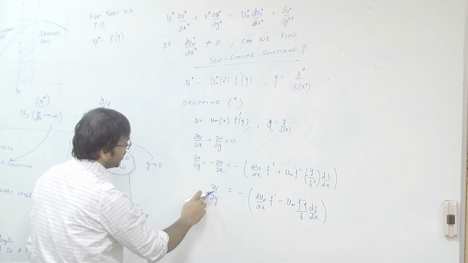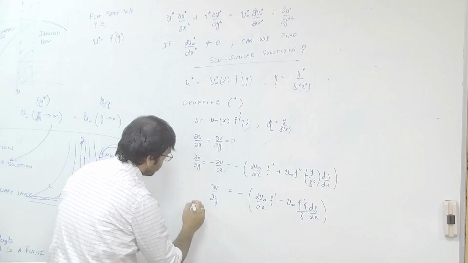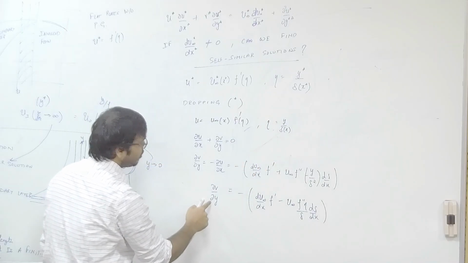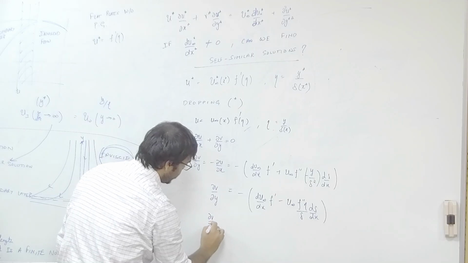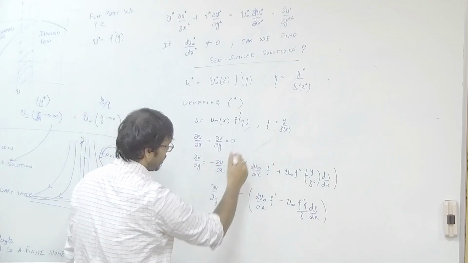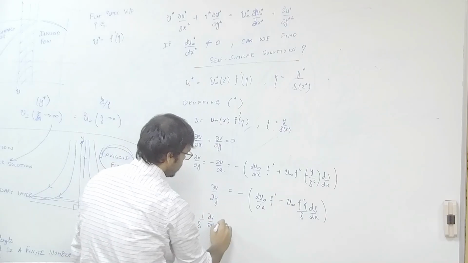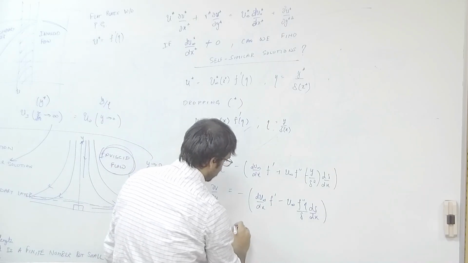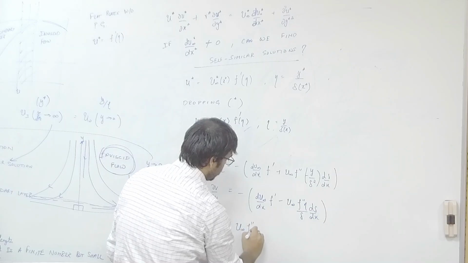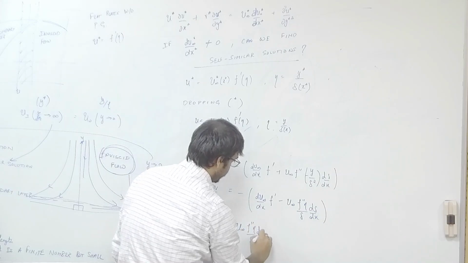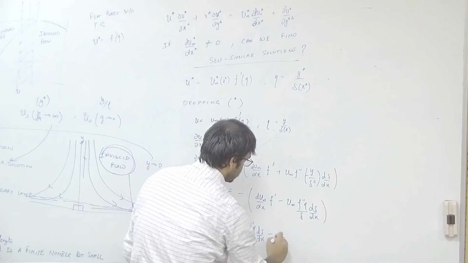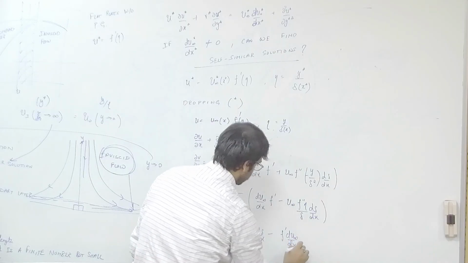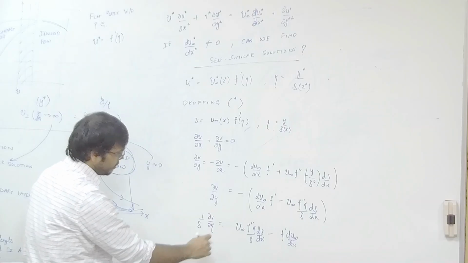Now we know del v by del y, we can change it to eta using this. So del v by del y is basically del v over del eta times del eta by del y, which is 1 by delta of x. So let's take this minus inside. So we write u infinity f double prime eta over delta d delta over dx minus f prime du infinity over dx, and then I multiply this with delta.